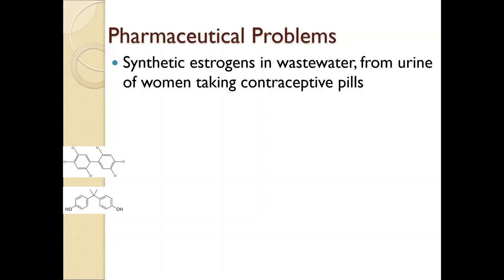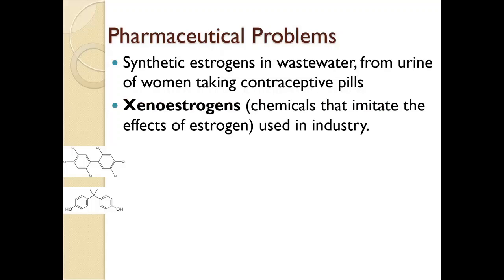For instance, there are synthetic estrogens in wastewater from urine of women who are taking contraceptive pills. Also, there are xenoestrogens, foreign estrogens. These are chemicals used in industry that imitate the effects of estrogen.